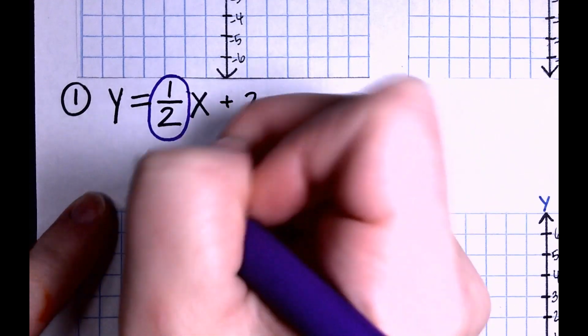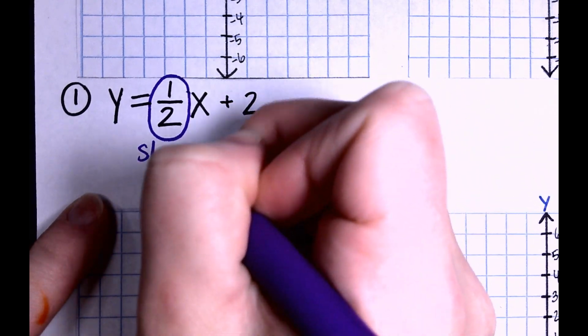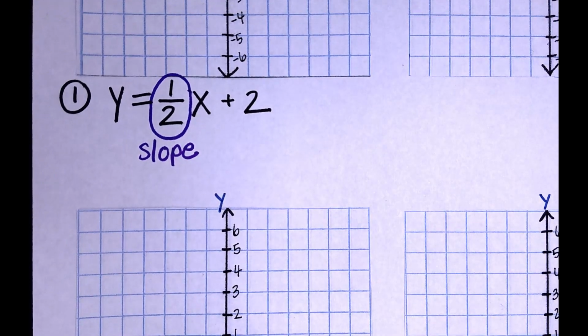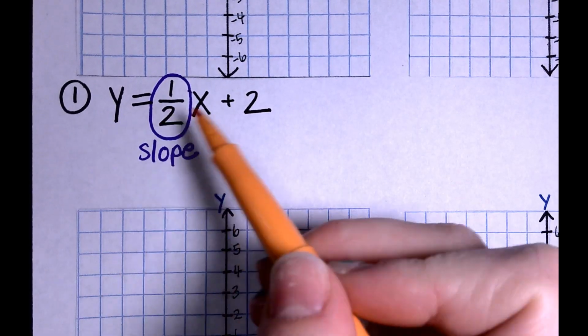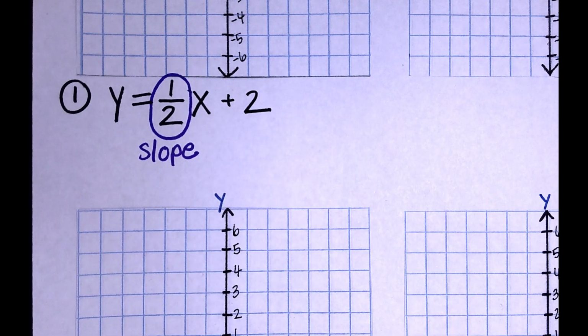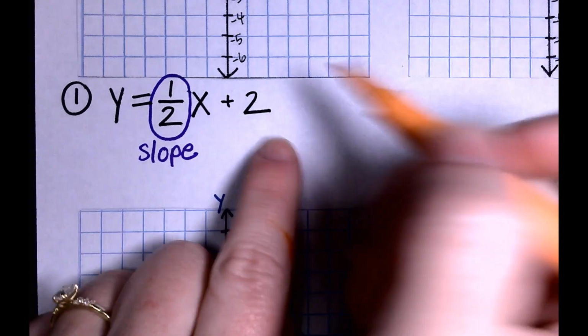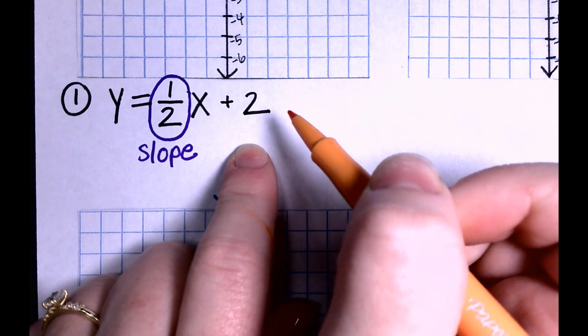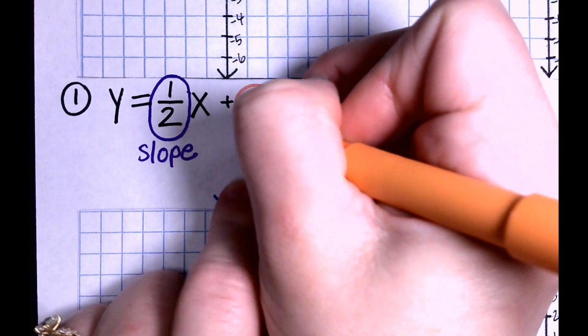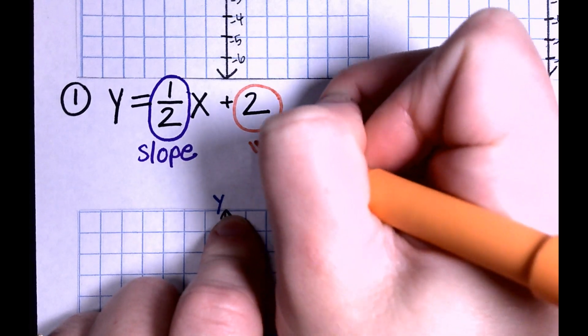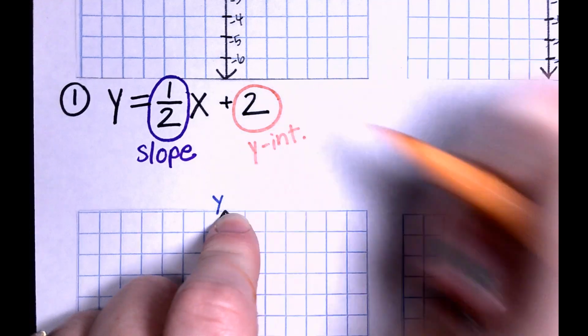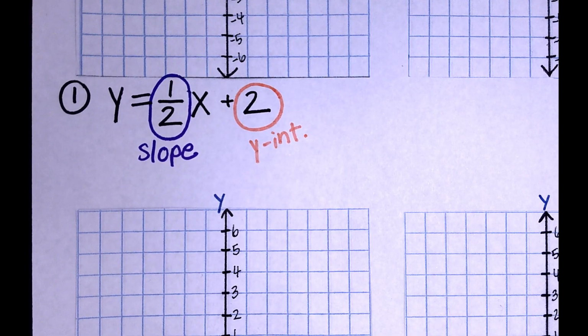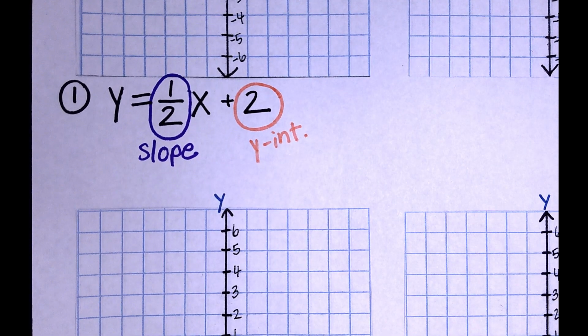So let's circle the 1/2 and write slope underneath. So y equals mx plus b. B is our y-intercept. Instead of b, we have 2. So in this problem, 2 is the y-intercept. And I'm going to write an abbreviation there since intercept is a long word to write out. So we have our slope and our y-intercept.